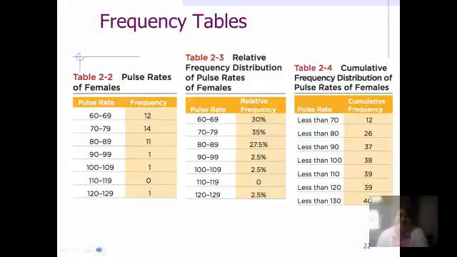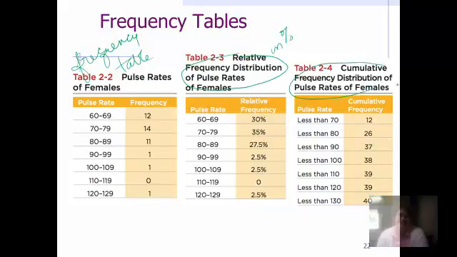So again, here are those tables that we just looked at all together side by side, where we have the frequency table, we have the relative frequency, and this is the relative frequency in percent, and then we have the cumulative frequency.